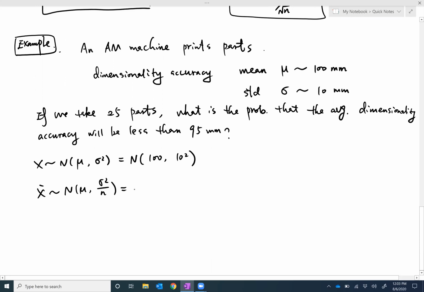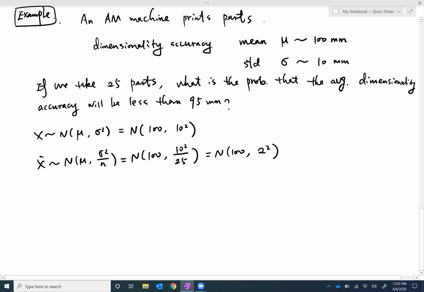So this will be normally distributed, still 100, but with 10 square over 25. So the variance gets smaller. So it's about 2 square. So it's 4. 100 divided by 25 is 4. Now we want to see the probability, the average dimensionality of these 25 parts, right? Okay.